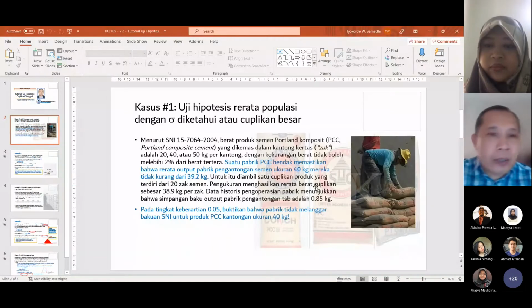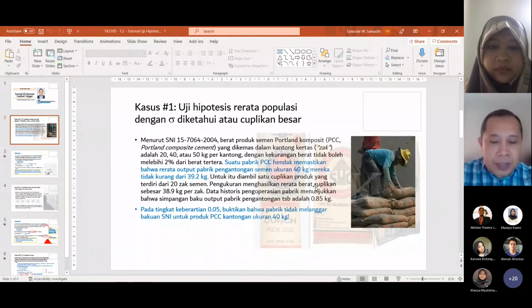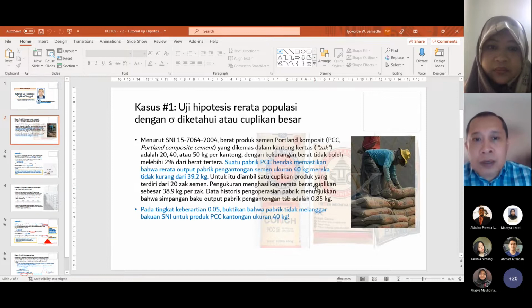Okay, so this is the first case that we'll discuss today, which is a one sample hypothesis test case in which we know the value of sigma. Now remember, sigma is different from S. Okay, so anything that is written in Greek letters usually refers to population parameter.